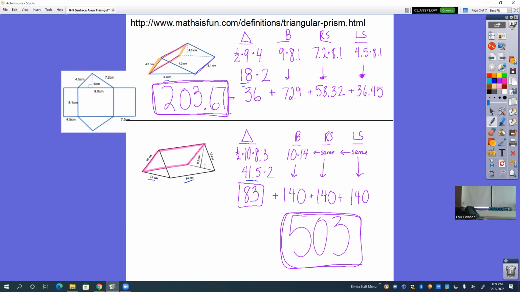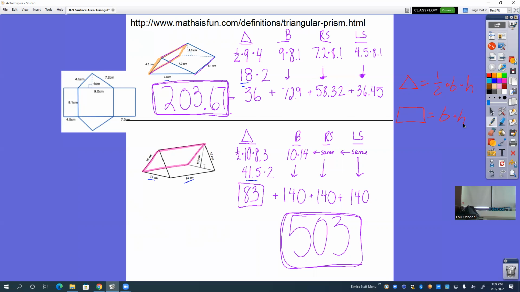Again, we're talking about the area of a triangle, which is 1/2 times the base times the height, and then the area of a rectangle, base times height.